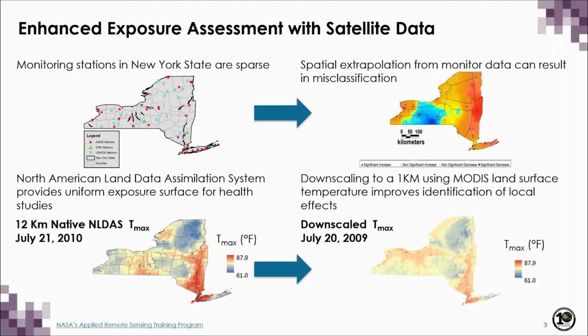So the reason we looked into satellite data for our program was because we had been limited to using monitor data in the past. And if you can see my pointer, the first picture here is the state of New York. And it's a large state with varying geographical and demographic characteristics.